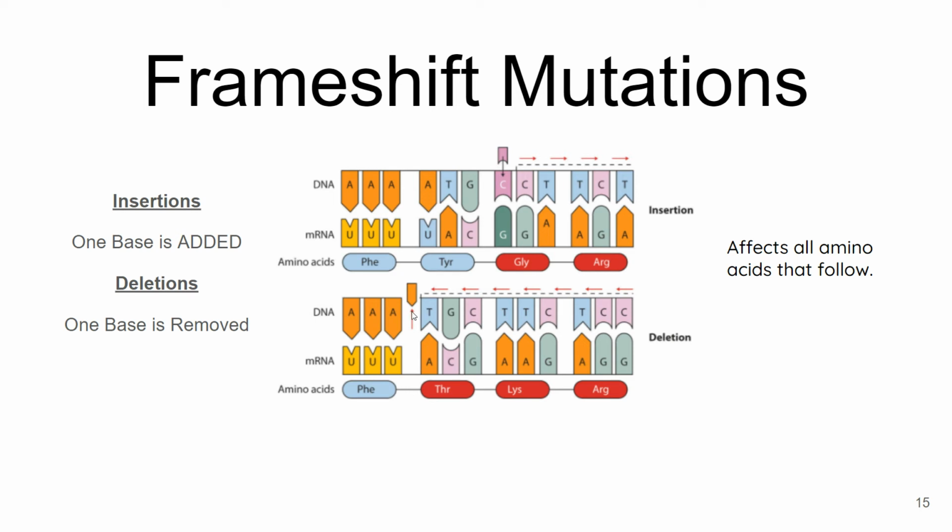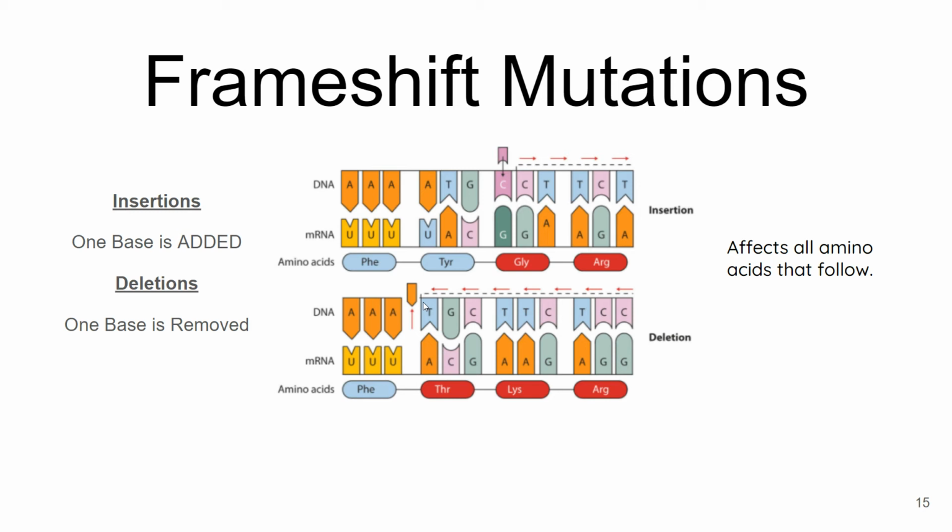In this situation, I'm taking out an A and I'm shifting everything over to the left to make up for that spot because we have to fill that spot in. So everything's going to move over to fill that spot in. But remember, we read in 3-letter words. So if things are moving to the left or the right, it's changing those 3-letter words, those codons.